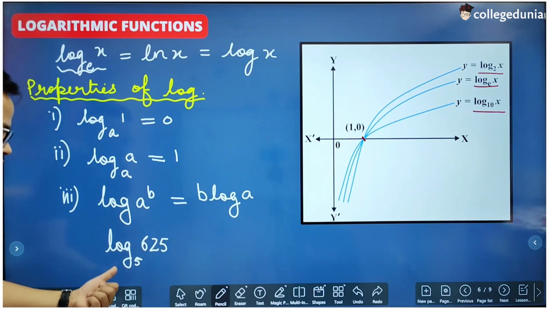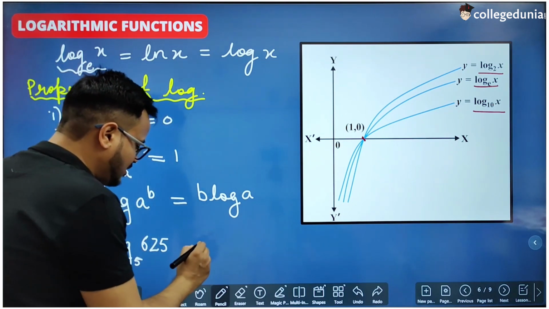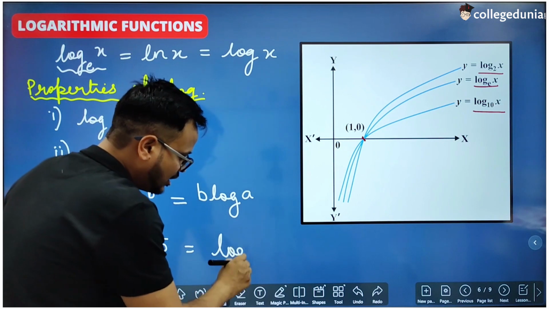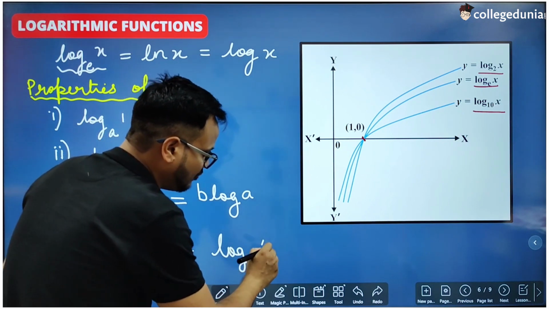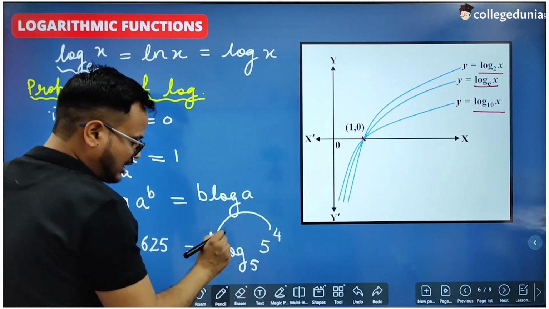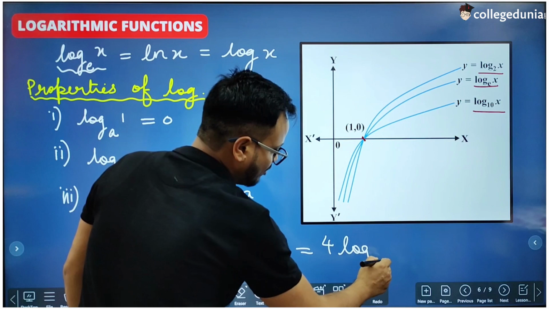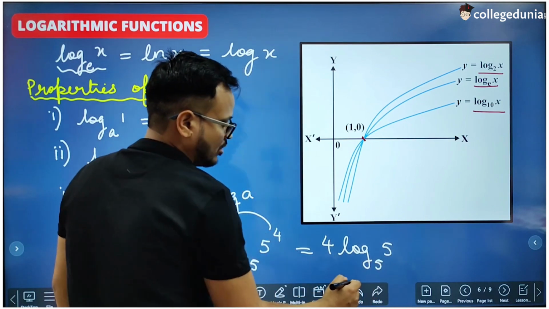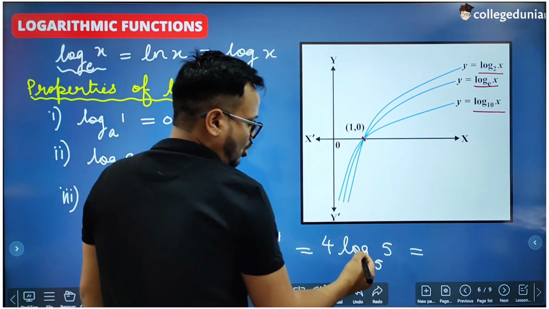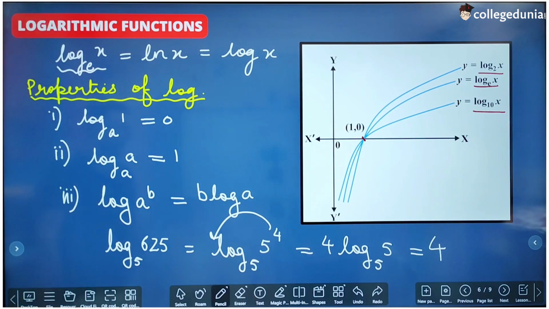So we know that 5 must be raised to power 4 to get 625. So this can be solved like this only. If we write 625 as 5 raised to power 4, and then this 4 will come here, then this becomes 4 log base 5 of 5. So log 5 is 1, so the answer will be 4, right?